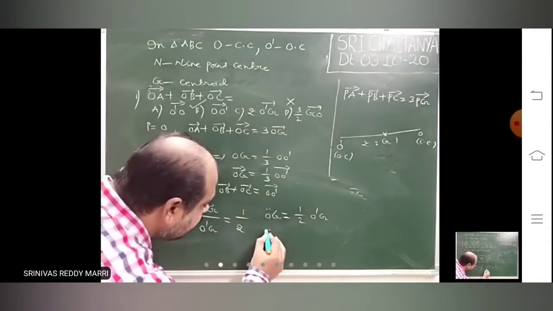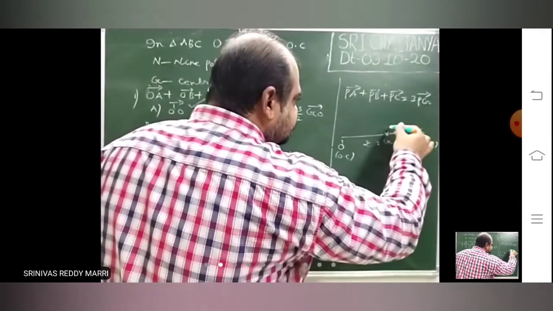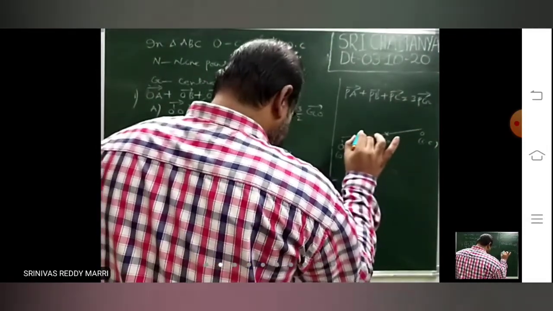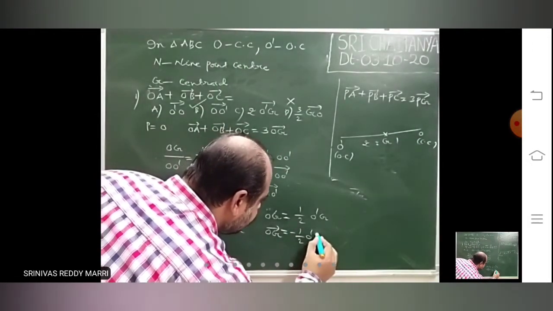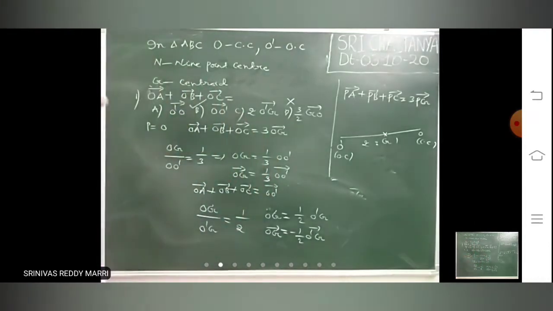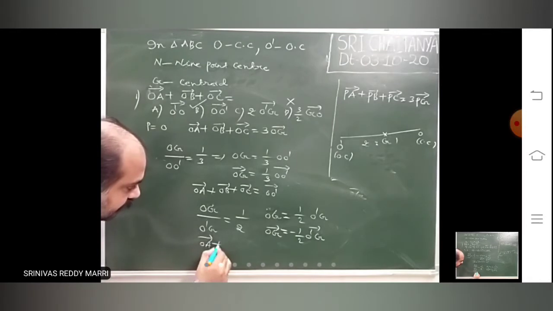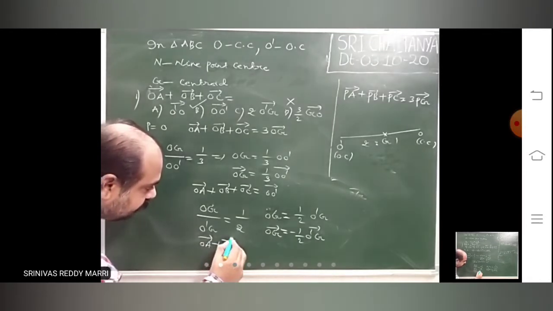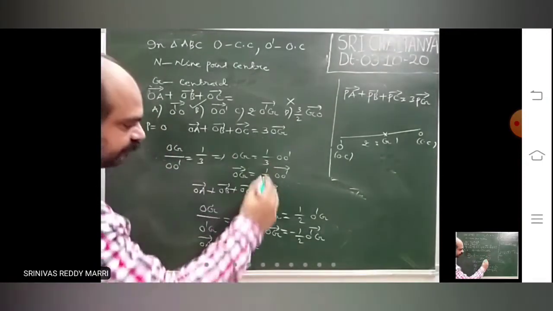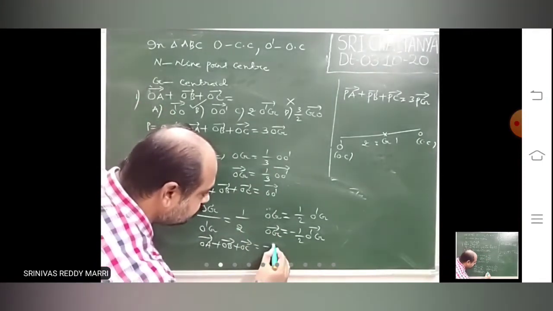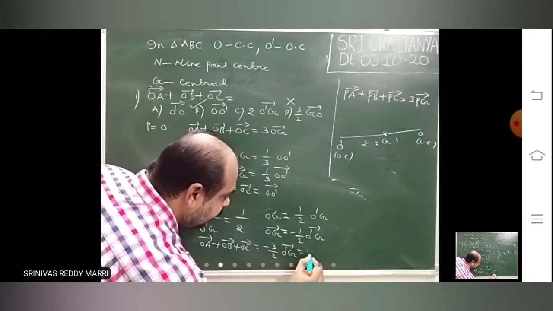Now suppose if you want to write OG bar, OG bar is in this direction, O dash G bar is in this direction. So if you want to write, what you have to write? O dash G bar. Therefore, substituting here, what is the relation you will get? OA bar plus OB bar plus OC bar is nothing but minus 3 by 2 O dash G bar.